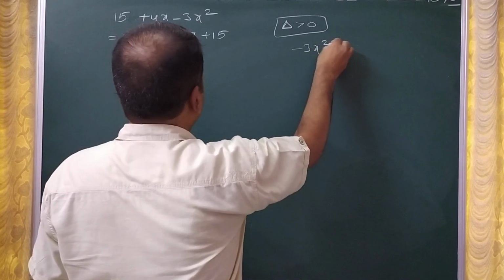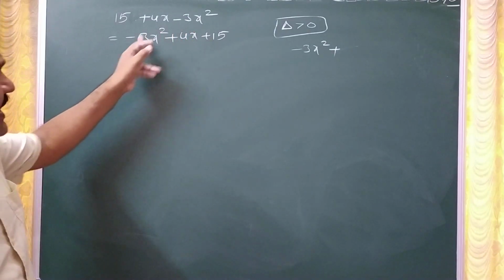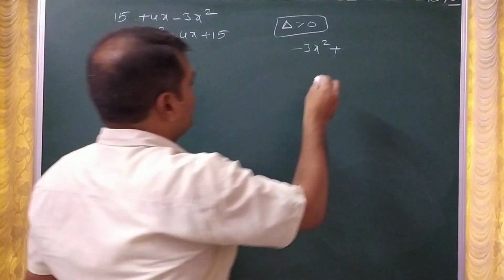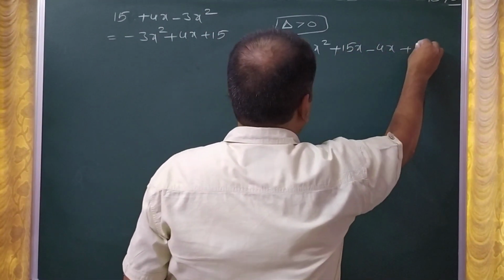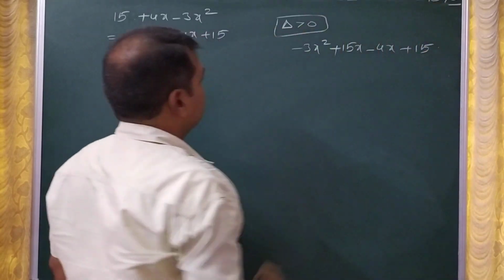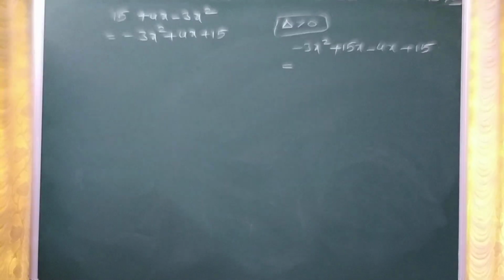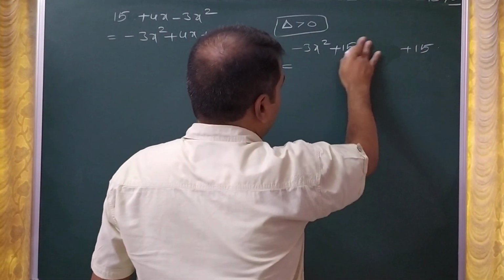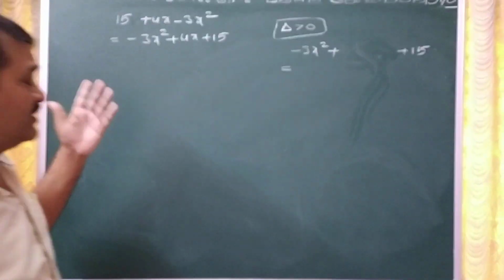So minus 3x square. What are the factors? 15 into minus 3 is minus 45, and by adding we get plus 4. So the factors will be plus 15 and minus 4. Okay, sorry, not plus 15 and minus 4, because by multiplying you have to get minus 45.